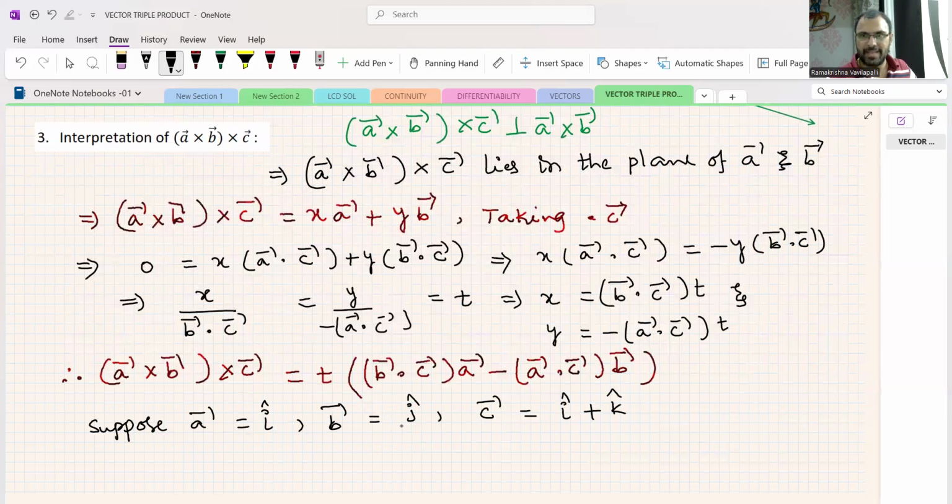That you will get K. So A bar cross B bar is K cap, and taking cross with I plus K, you will get J cap on left side.